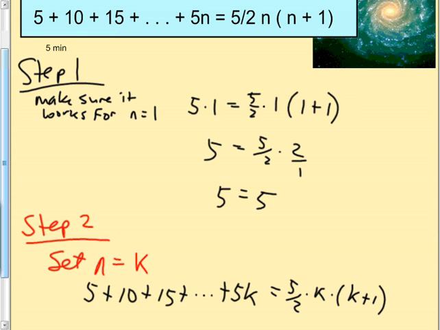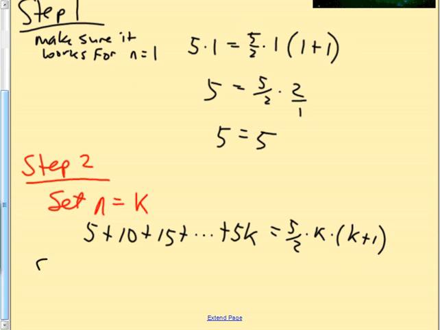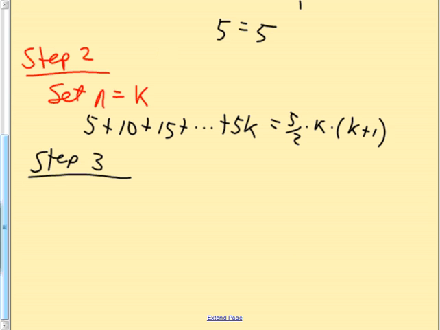So step 3 then is you make sure it works for not K, but K plus 1. That would be the next term after it.